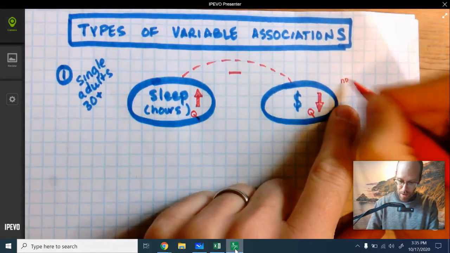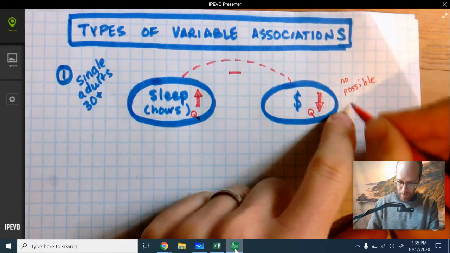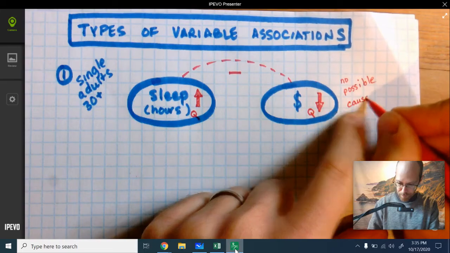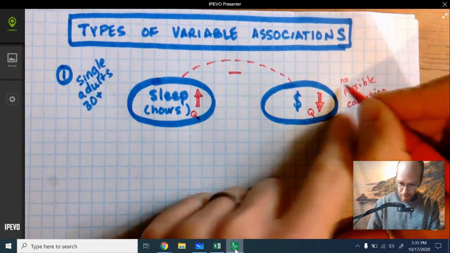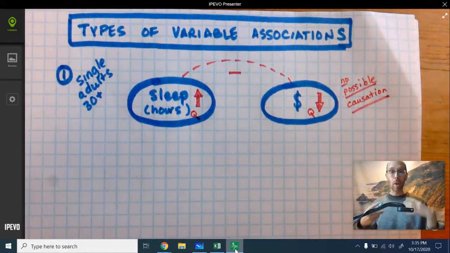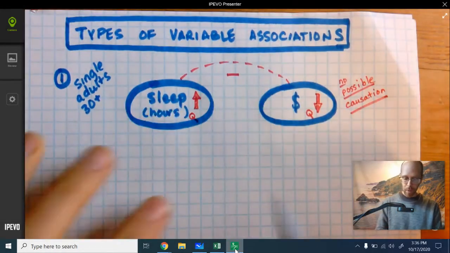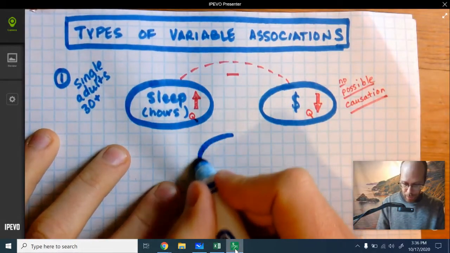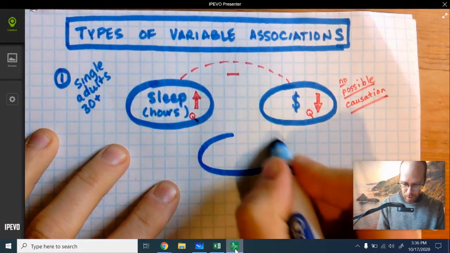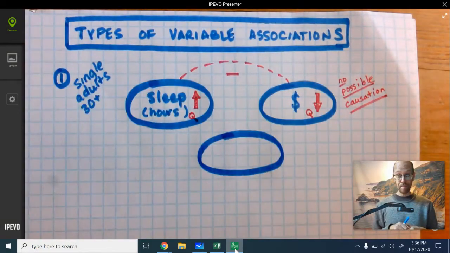There is no possible causation. And when there is no possible causation, but we have an association between two variables, we look for a third variable that could explain the association.